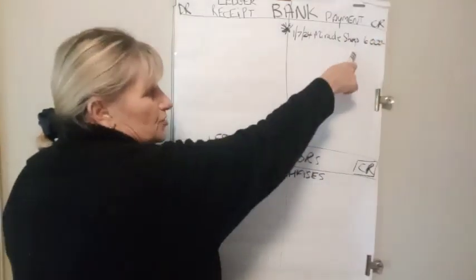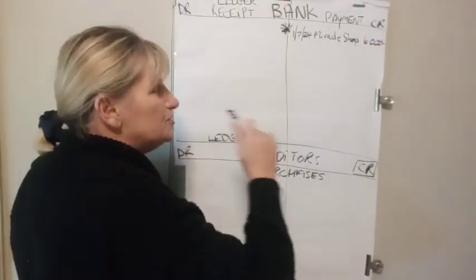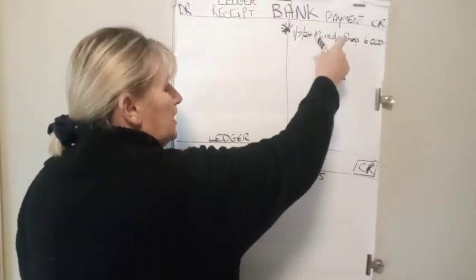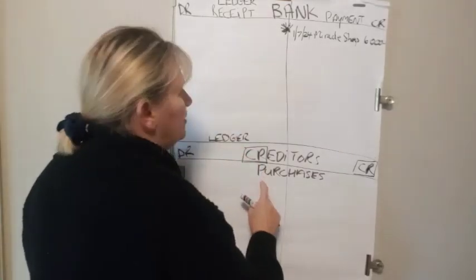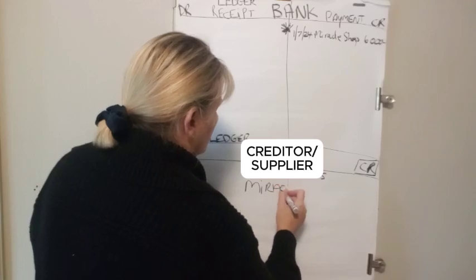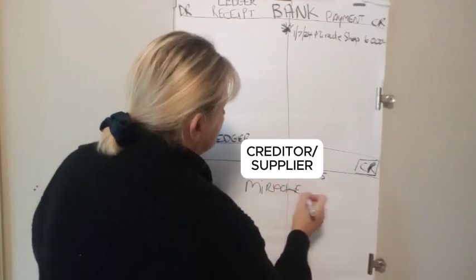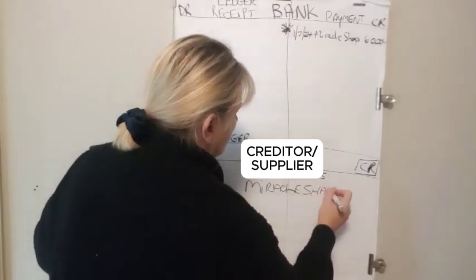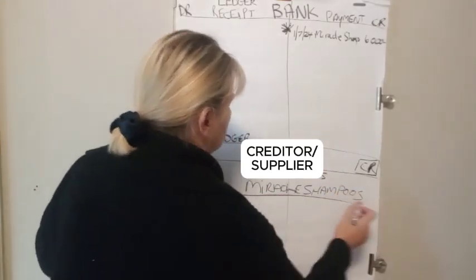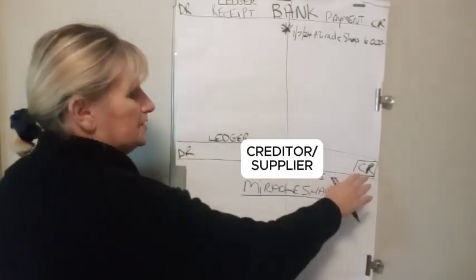Now, where would that transaction go? Because you didn't buy that on cash, you bought it on account. You will have to open a creditor called Miracle Shampoos.